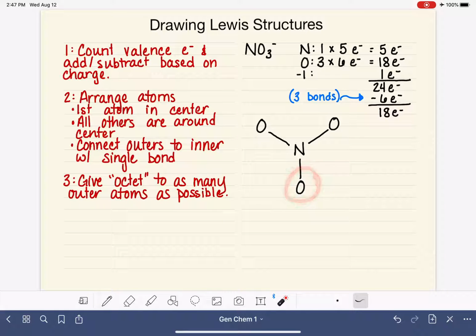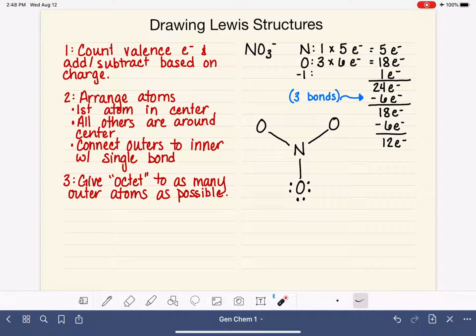Let's pick this atom right here. This particular atom has 2 electrons already around it. Remember, it wants to have 8. So we are going to add another 6 electrons in the form of lone pairs. And now this oxygen atom has an octet. And let's subtract those 6 electrons because we just used them. So now we have 12 electrons left.